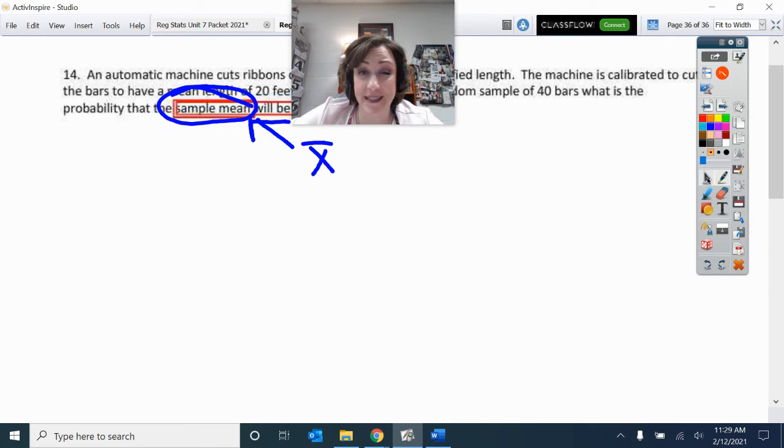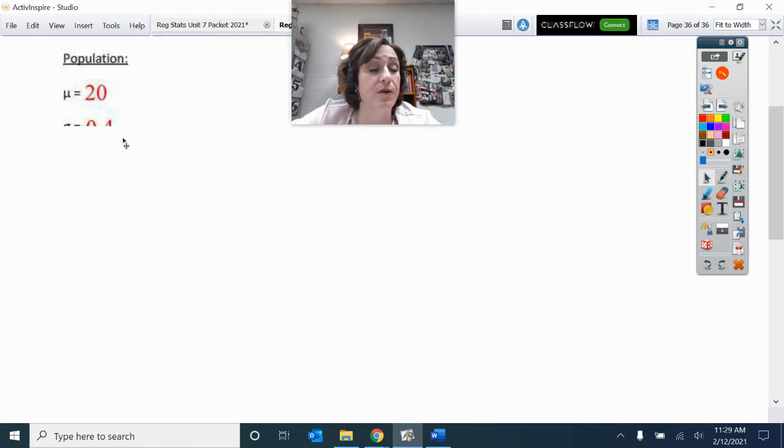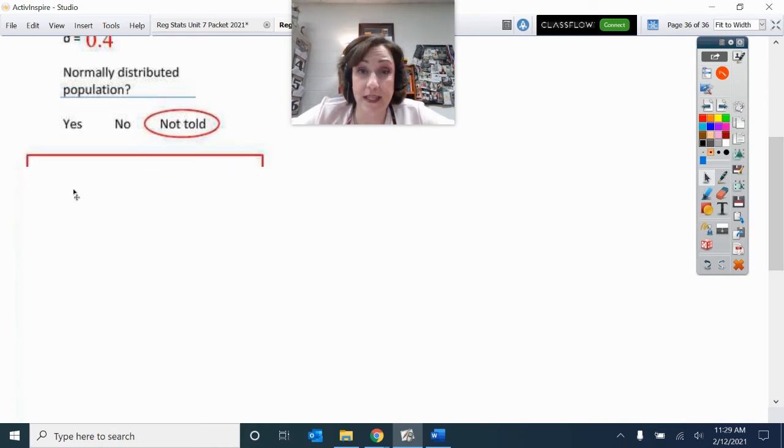So let's lead into this. Here we go. So, of course, the population values were 20 and 0.4. We have not been told if the population is approximately normally distributed, so that's a problem.